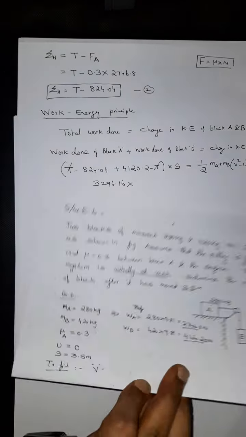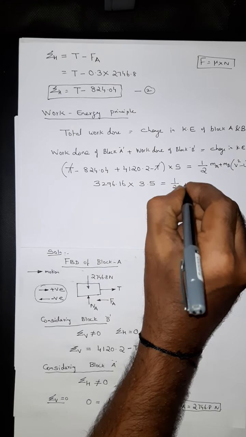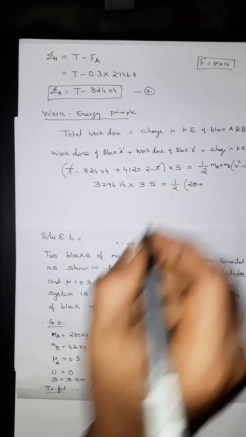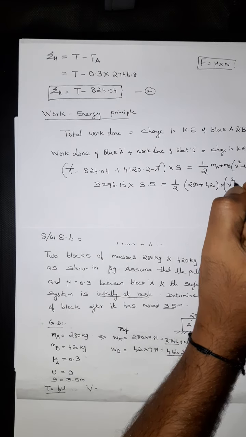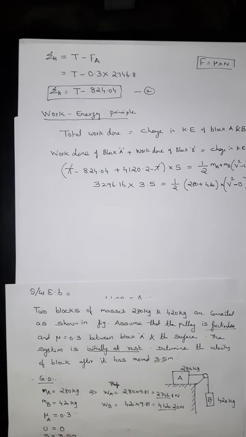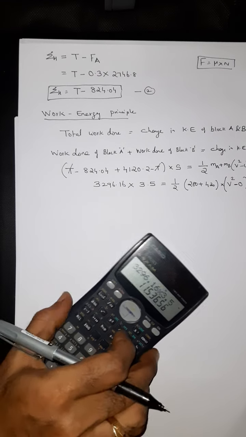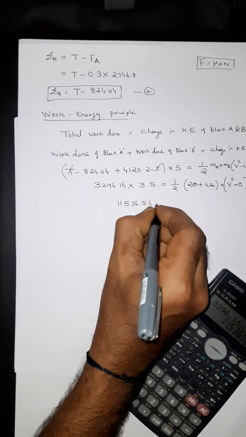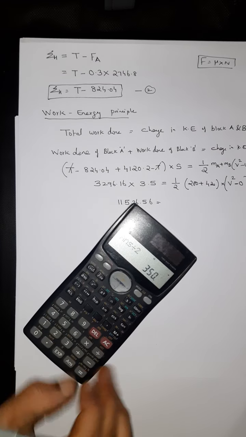The displacement is 3.5 meters, which is equal to 1 by 2 into MA, which is 280, plus MB is 420, into V square minus U, U is 0, right? 3296.16 into 3.5, which works out to 11536.56, equal to 280 plus 420 divided by 2, 350.